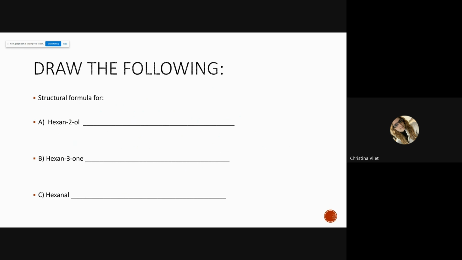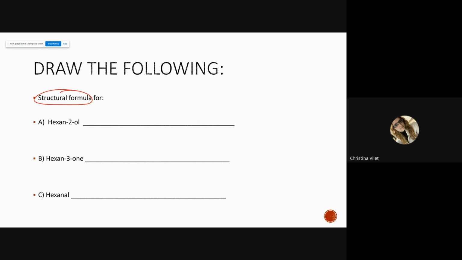Draw. So, they're asking for the structural formula. Just like in regular naming, you may have to name, you may have to draw. You're being asked for the structural formula for hexan-2-ol. So there's a couple different ways you could go about this.